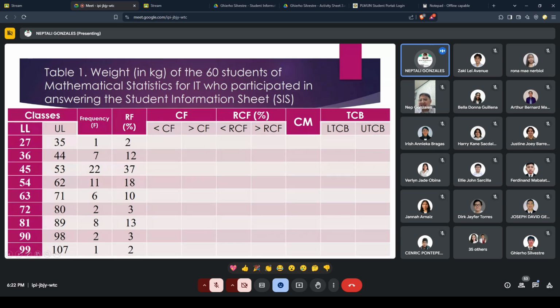So after finding the classes, the lower limit, the upper limit, the F, the frequency, the RF, relative frequency in percentage, we will now find CF, or the cumulative frequency. There are two, by the symbol: less than cumulative frequency and greater than cumulative frequency.